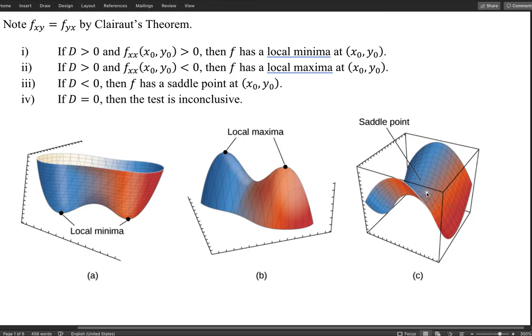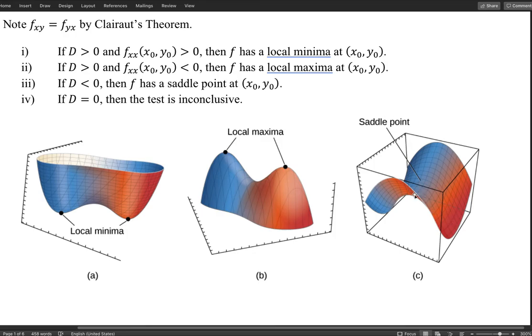If you take a closer look, the point right here is the center of the saddle. I'm moving my mouse around to show you the shape I'm talking about. From one direction, we have a parabola opening upward. In the other direction, we have a parabola opening downward.